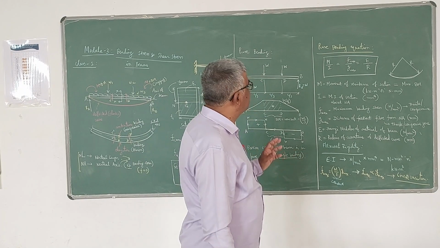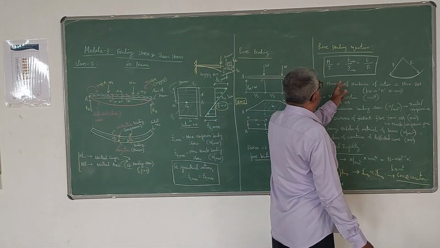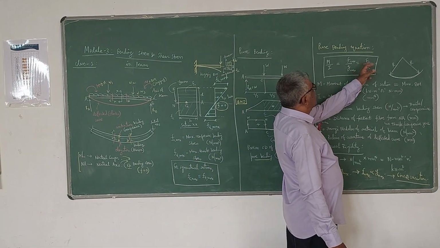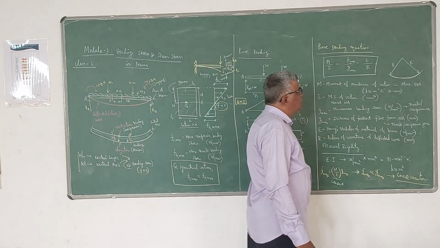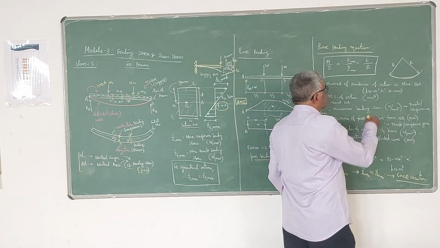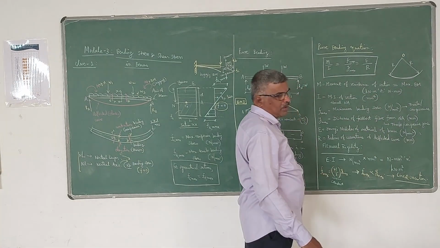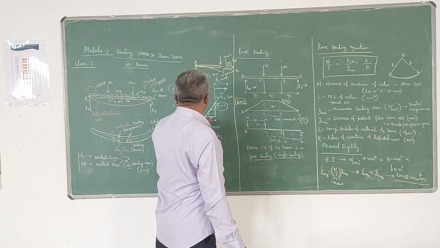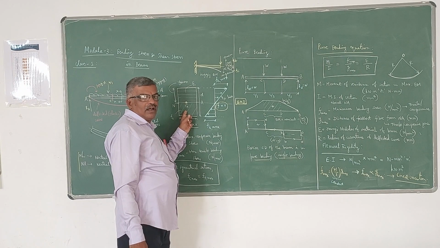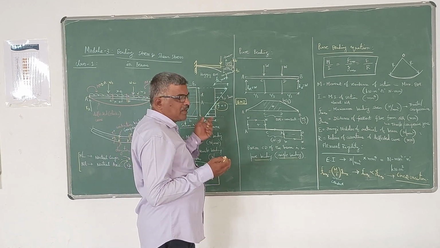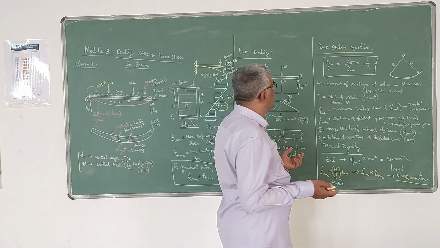I have given the equation here, M by I is equal to F max by Y max is equal to E by R. You have to remember this equation, the pure bending equation. Here M is called the moment of resistance of the section of the beam. Section means it can be a cross section, that is rectangle, or it can be circular, or it can be D section, I section, whatever is given in the problem.